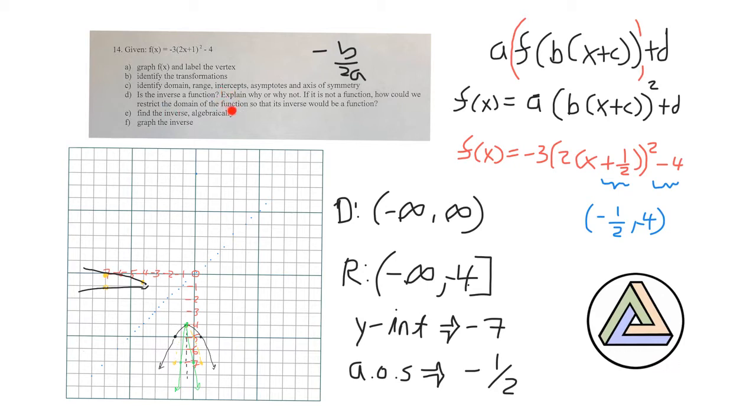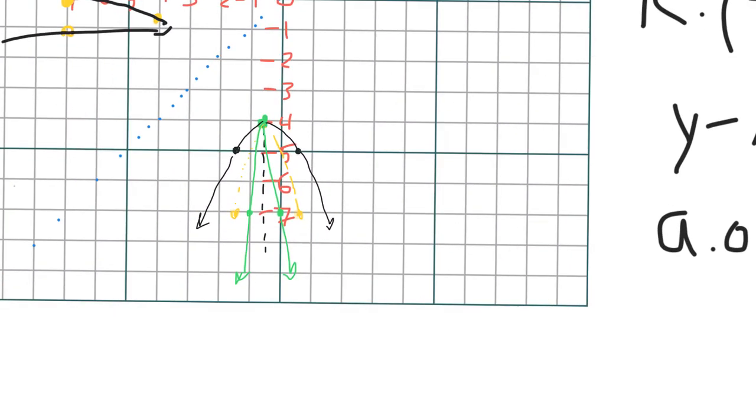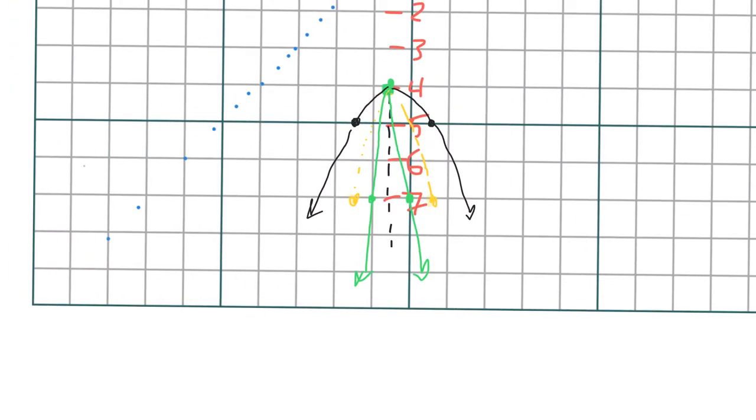How can we restrict the domain of the original function so that the inverse would be a function? Well, I would rely on the visual for that also. So I think it'll be helpful for us to get rid of the yellow and black here so we could really focus on the green stuff, because that's our final graph.